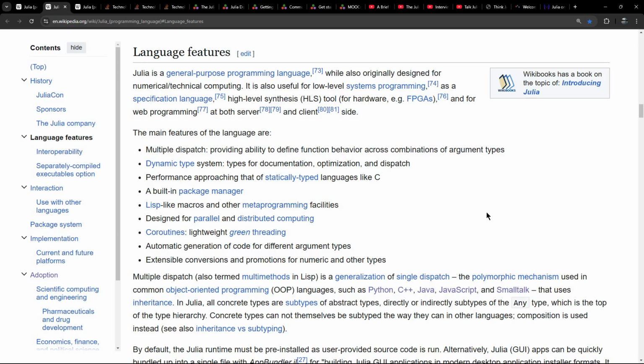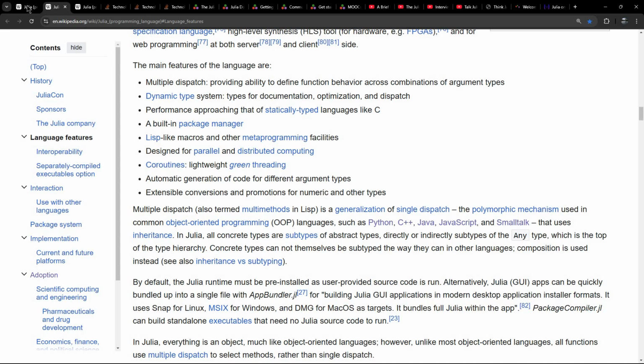Maybe you want to know more about parallel distributed computing. Maybe you like working with Lisp-like stuff, or maybe you're really interested in metaprogramming facilities, coroutines, and so on. Maybe you're interested in exploring a language that uses dynamic type systems. All of those things are going to affect, I think, your decision whether it's a good enough reason to learn a language.